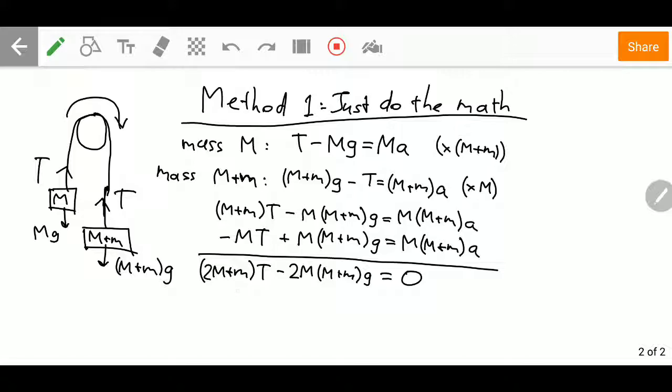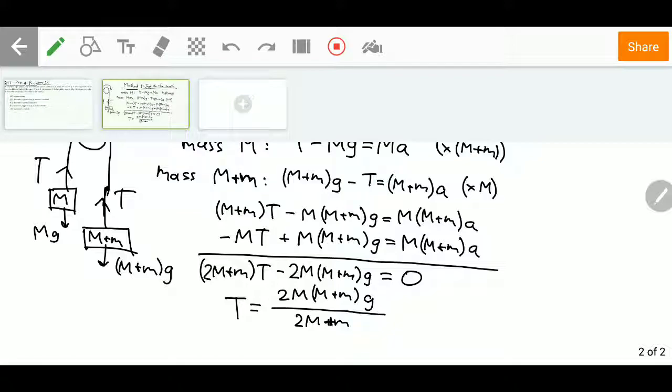And so now we can solve for T, and we get T equals 2M times (M plus little m) times g divided by (2M plus little m). So now this is the expression that we're going to use. And so now we need to see what happens as little m goes to infinity.